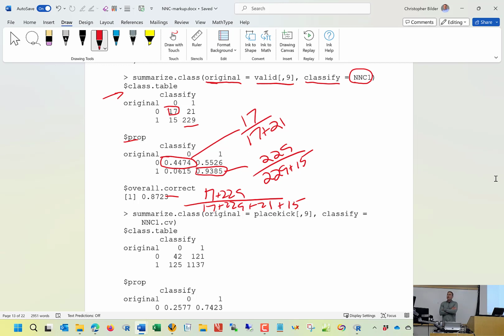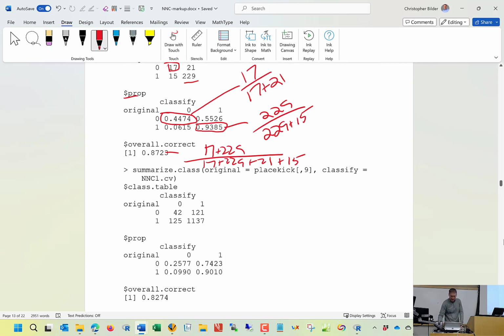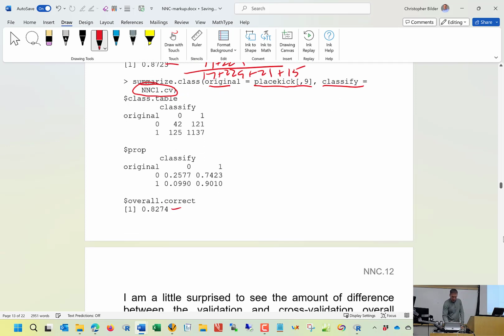Now, for the cross-validation, we can do exactly the same thing. For original, I go back to my training data set, and I extract out the 9th column. Classify is where I save the results from using nearest neighbor classification. This is what I get. The overall correct classification rate is about 83%.